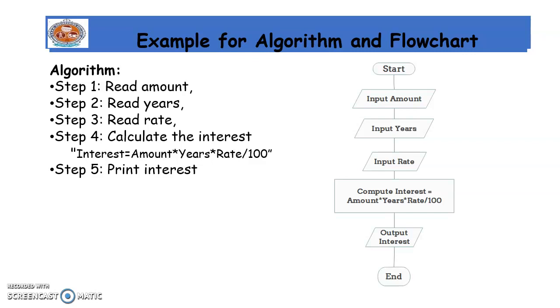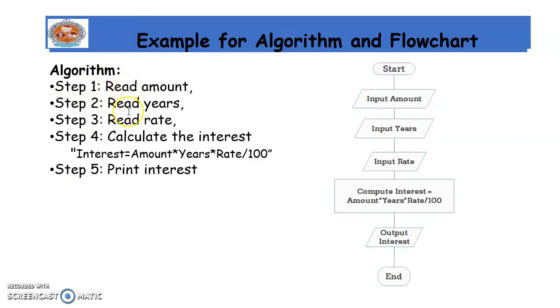So this slide gives you an example of an algorithm and flowchart. Here, this algorithm illustrates simple interest. When you want to calculate simple interest, we need three parameters, which are three variables: amount, number of years, and rate of interest. Step one in the algorithm is to read amount.